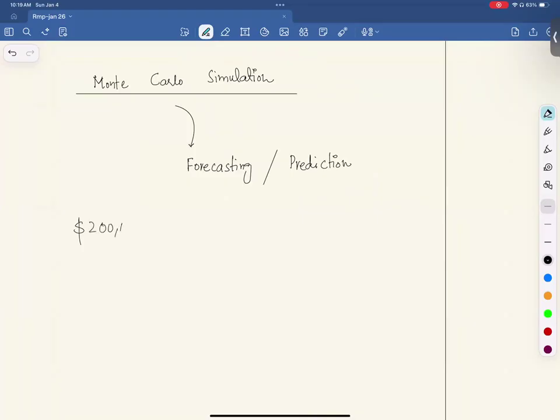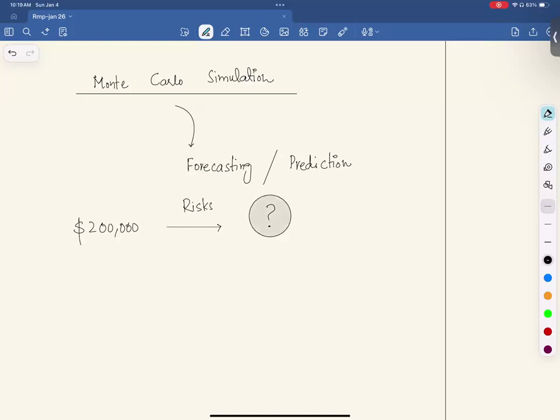You say, okay, my estimate is $200,000, right? What would be my estimate at completion? It could be anything, right? As it depends on risks. More risks, more budget, more estimate; less risk, less estimate. How much it would be is based on risk factor.